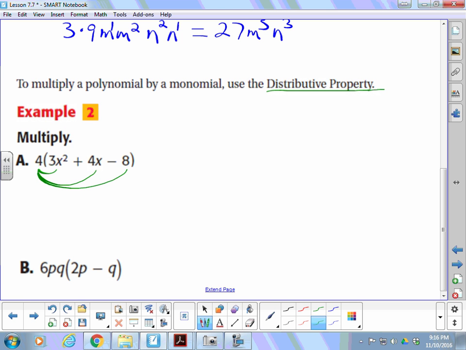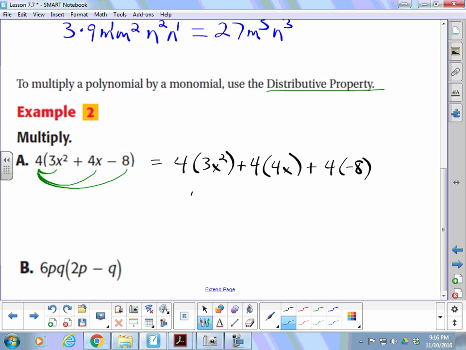So really what we are doing is 4 times 3x squared plus 4 times 4x plus 4 times negative 8. We're taking that 4 that's on the outside of the parentheses and multiplying it by each individual part on the inside of the parentheses.